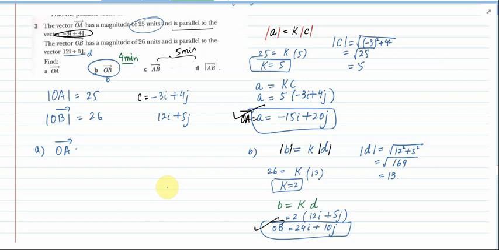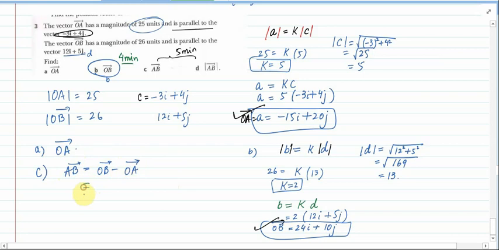Alright, if we talk about the vector AB, AB is equal to OB minus OA. And what is your OB? OB is given, that is 24i plus 10j, minus OA, which is minus 15i plus 20j.